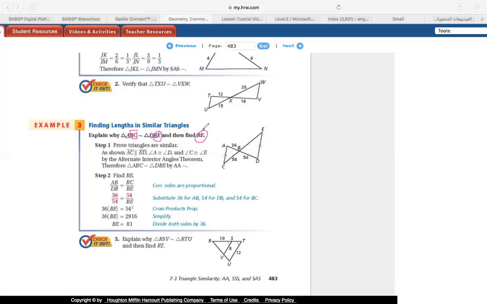So it is BE. What is corresponding to BE? BC. So I'm going to write AB over DB equals BC over BE. All their lengths are clear in front of me, so I'm going to use cross multiplication. 54 multiplied by 54 over 36 will give me the value of BE.